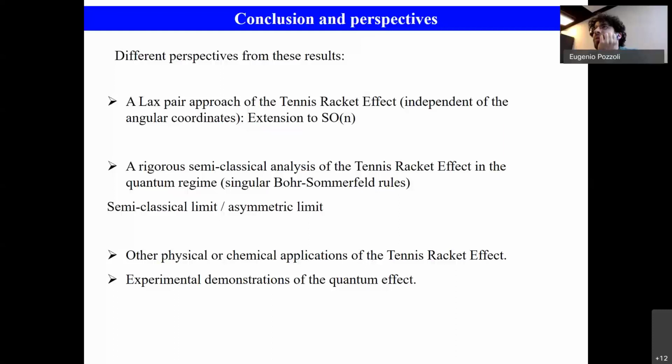Yes, exactly, you're right. For the moment, I do not discuss at all the dipole moment or the polarizability tensor of a molecule.